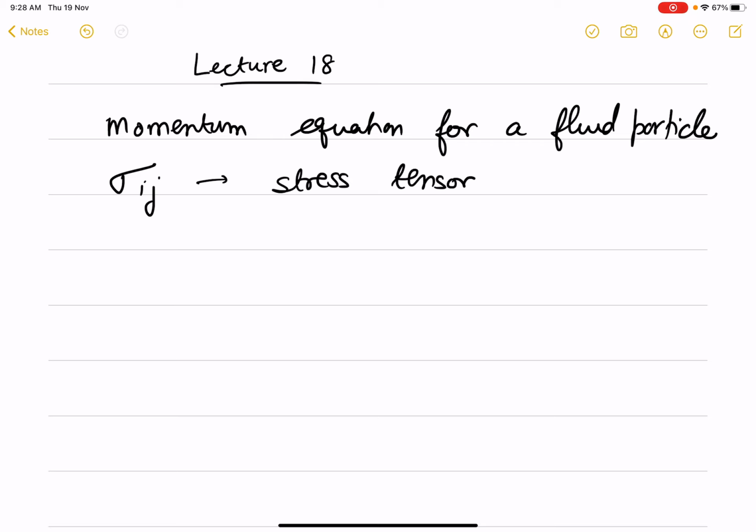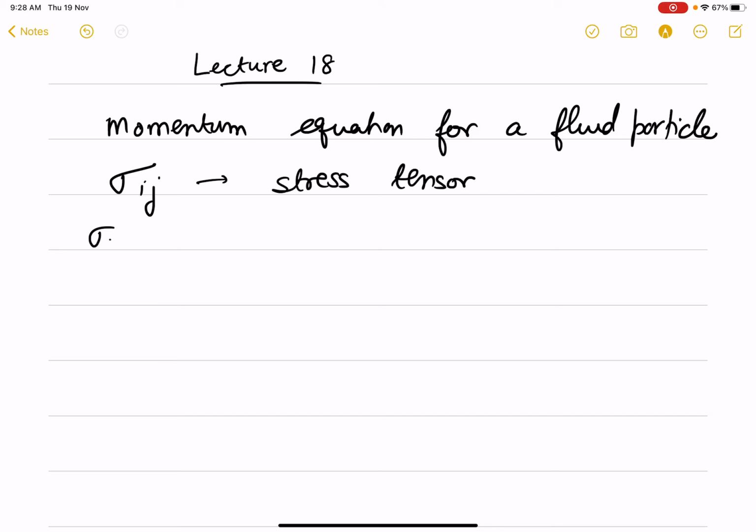Now, recall what we had done and how we had dealt with the stress tensor. For the recap, you may also like to review lecture 4, where we talk in detail. I'll just do a bit of recap.